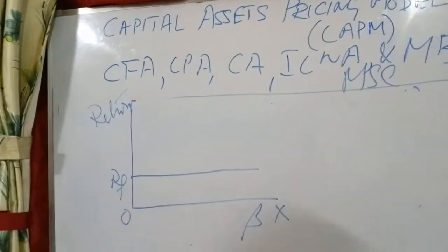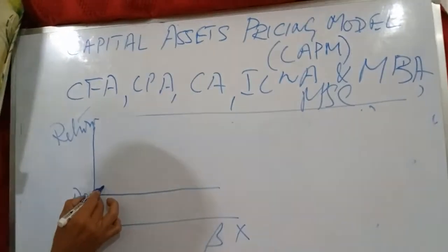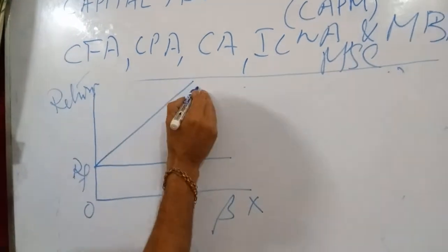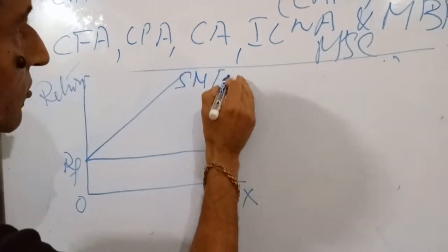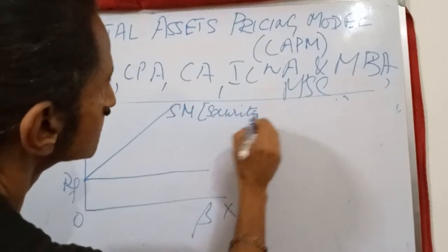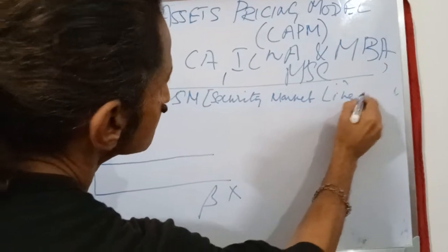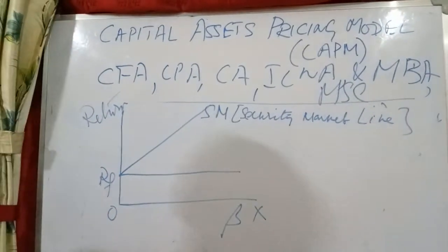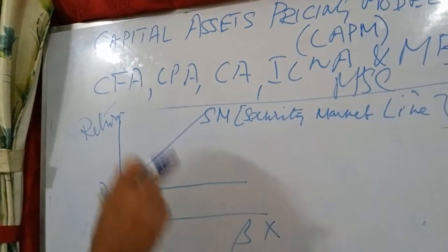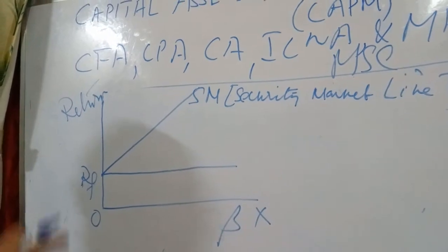Now, if you draw a straight line from here, we get the SML, or security market line. The security market line combines risk-free return and risky returns.